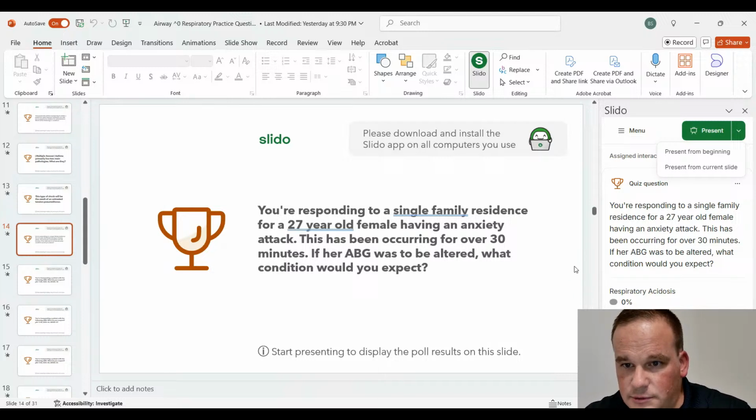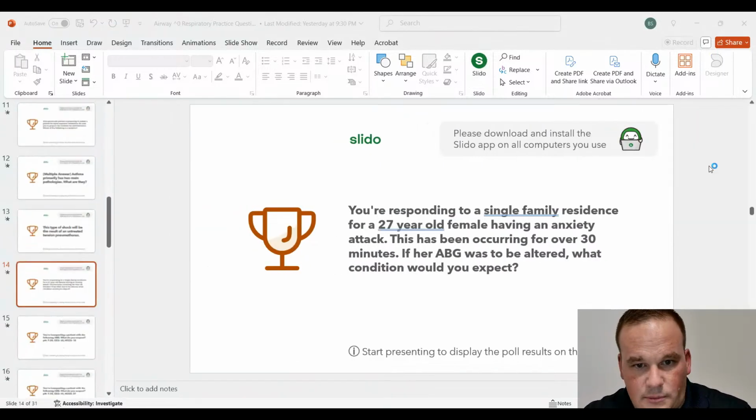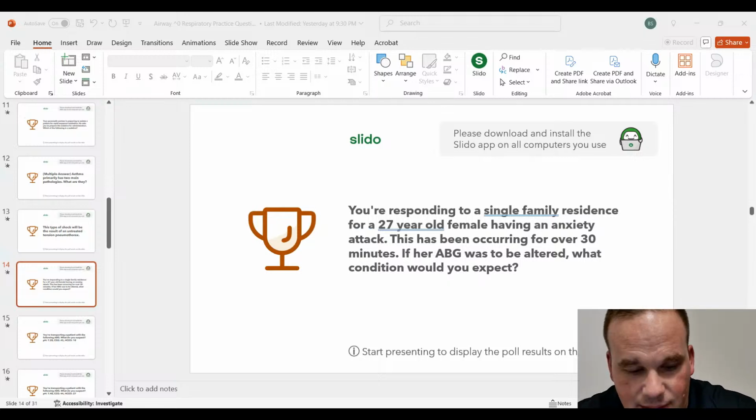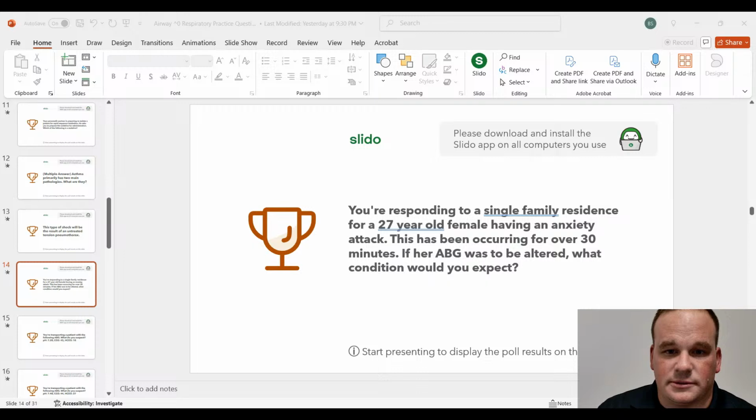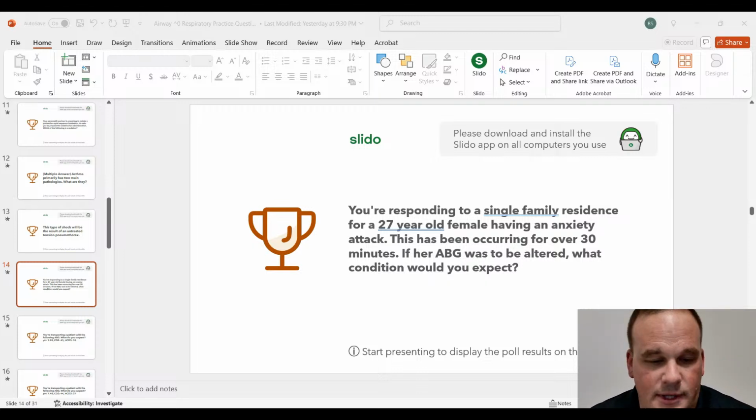But again, I don't want to take away from the overall learning here. But if you want to keep track, I apologize. If you want to see where we're at with the question and want to see the question and the results, please join at slido.com using that 255-4800. Then you'll be on the same page as we are. So again, I apologize for that. Something that we'll have to figure out here.